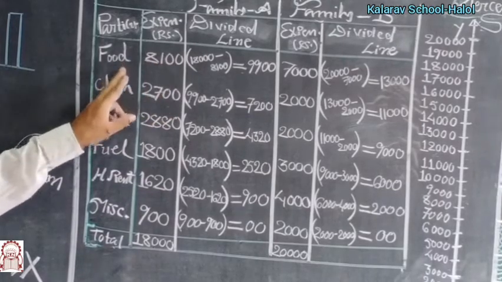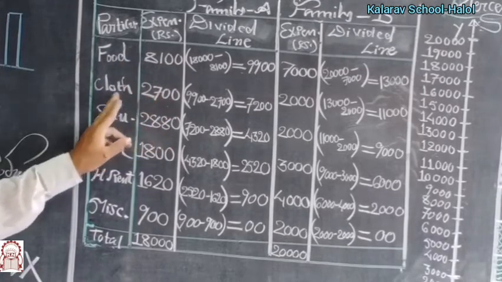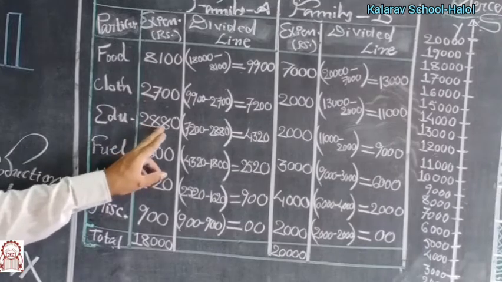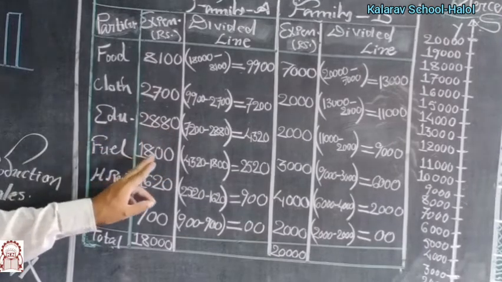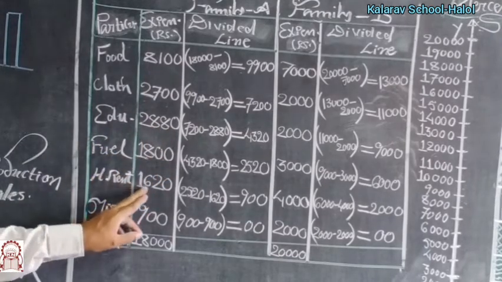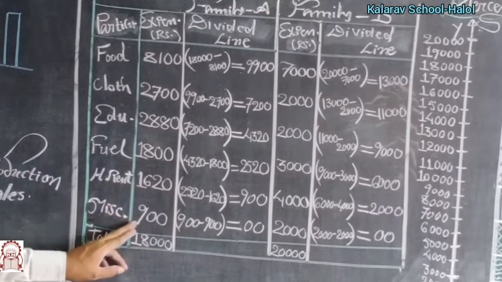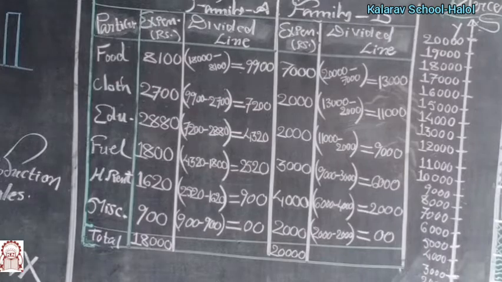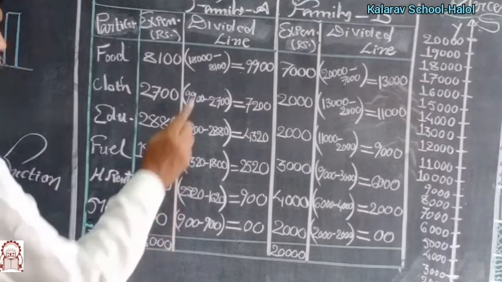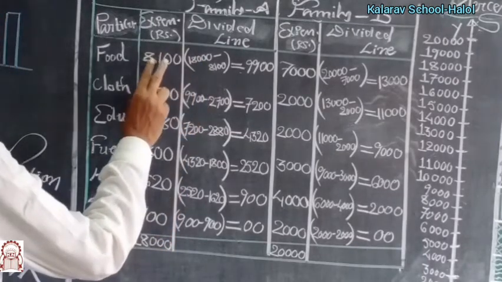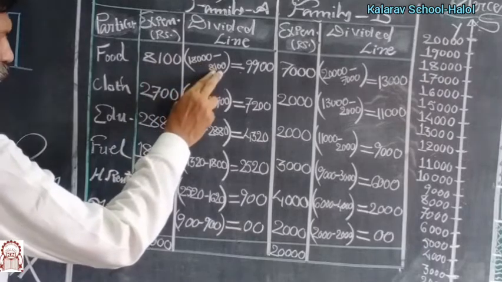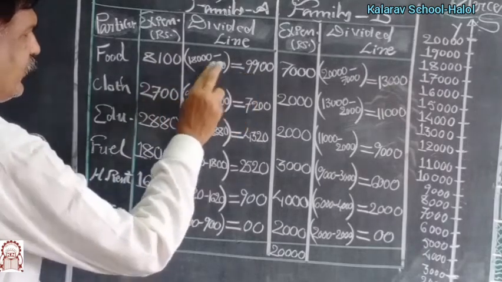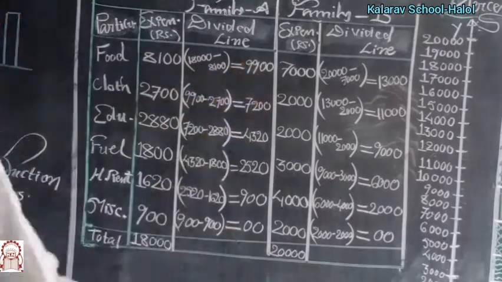8,100 for food, 2,700 for clothing, 2,880 for education, 1,800 for fuel, 1,620 for rent, 900 for miscellaneous. Total is 18,000. Now take this total, 18,000 minus food expense 8,100, the answer is 9,900.